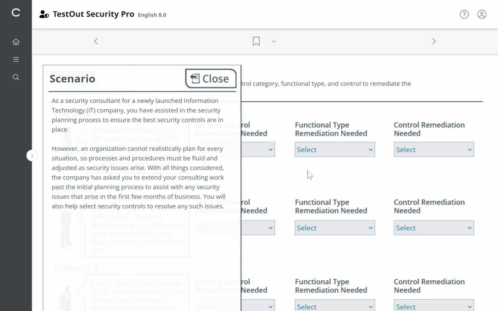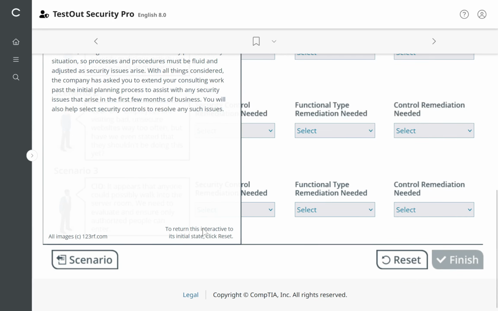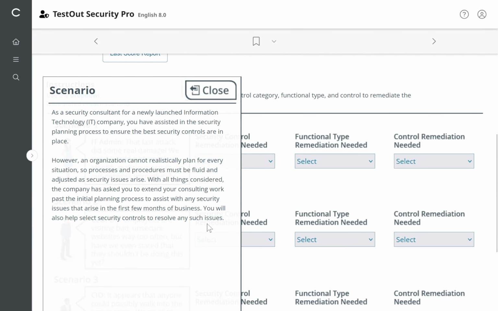With all things considered, the company has asked you to extend your consulting work from the initial planning process to assist with any security issues that arise in the first few months of business. You will also help select security controls to resolve any such issues. Okay, so we are going to help this organization to select a few security controls to resolve issues that might arise.